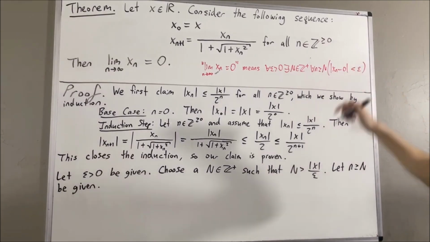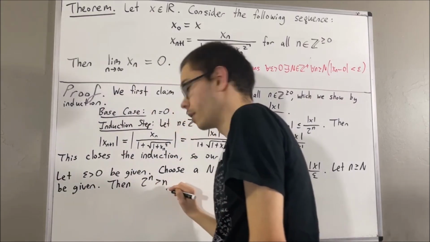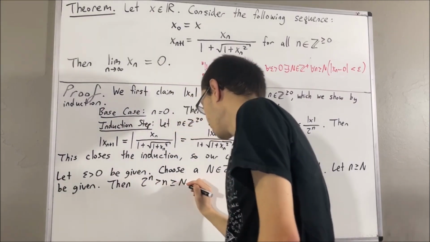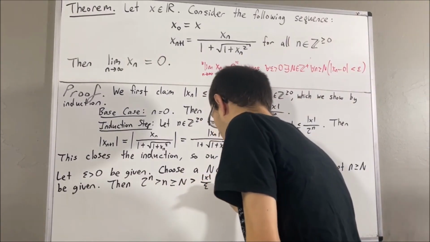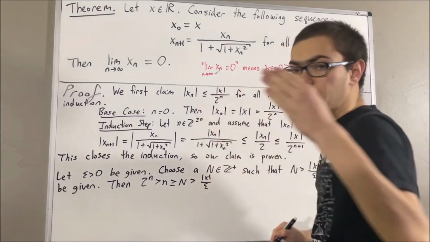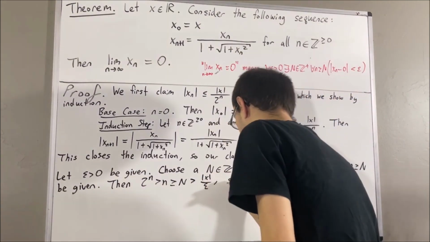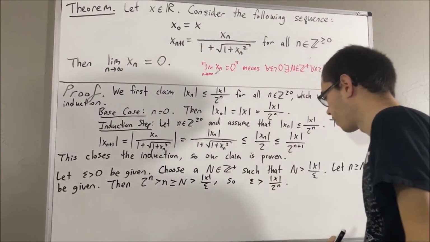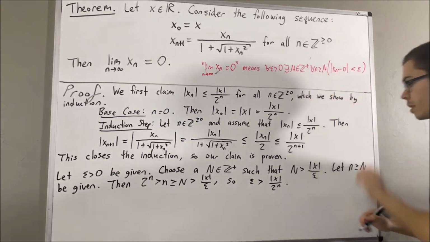Well, what we notice in our scratch work is the following. We had 2 to the n is bigger than n, and n is greater than or equal to capital N, and capital N is bigger than absolute value of x over epsilon. So, 2 to the n is bigger than absolute value of x over epsilon, but to say that is equivalent to if we swap 2 to the n and epsilon. Right? But then from here, we're able to show absolute value of xn minus 0 is less than epsilon.